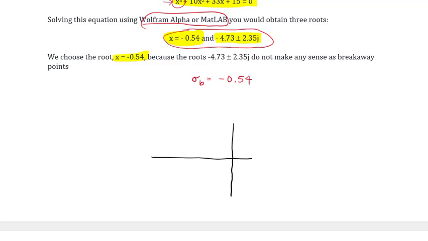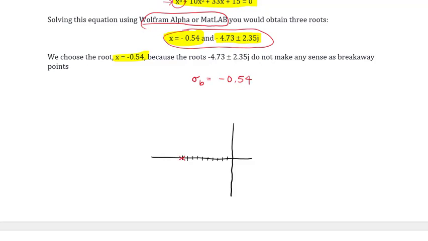Remember, we've got poles all the way out to -10. So -1, -2, -3, -4, -5, -6, -7, -8, -9, -10. So it's right there. I'll go ahead and do things in red here.